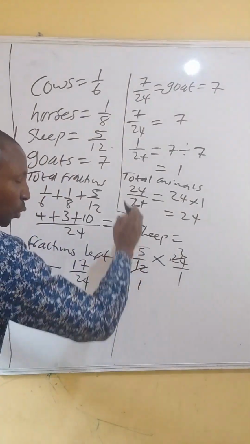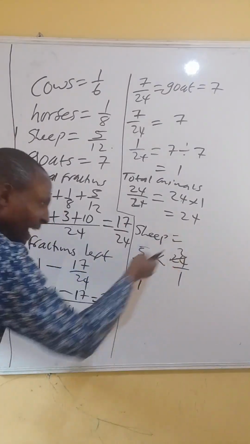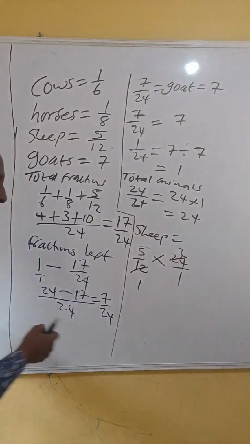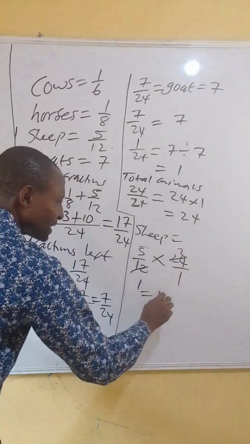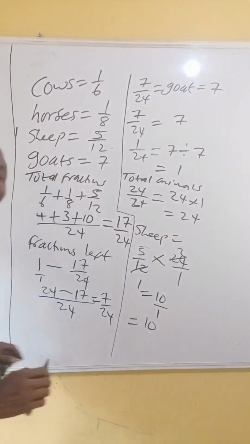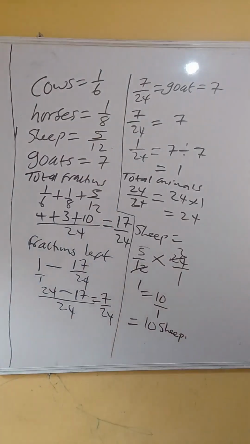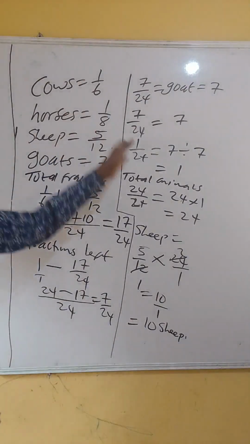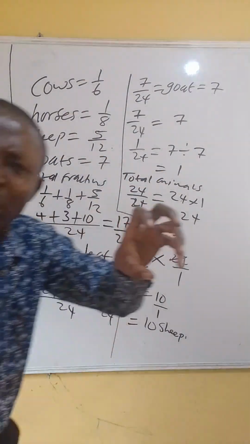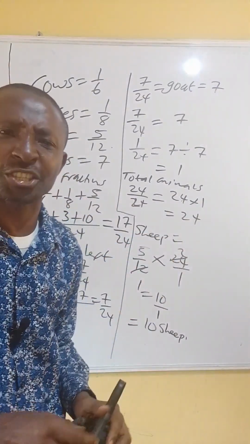Nothing can divide anymore. So 5 times 2 will give me 10 over 1 times 1 which is 1. I have 10 over 1 as 10. So there are 10 sheep in the field. This is how to deal with a problem that has to do with fractions.